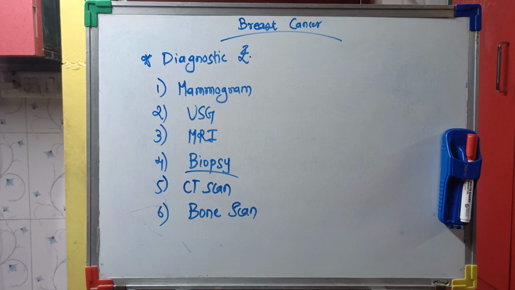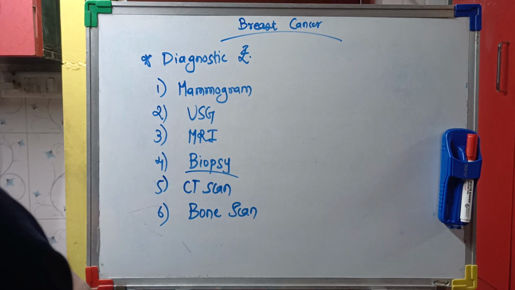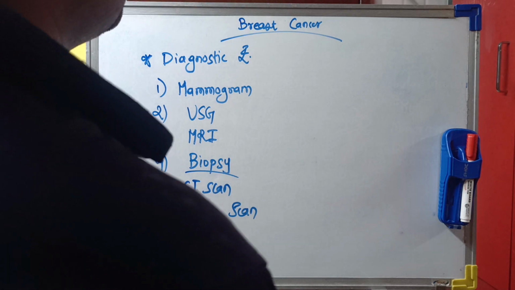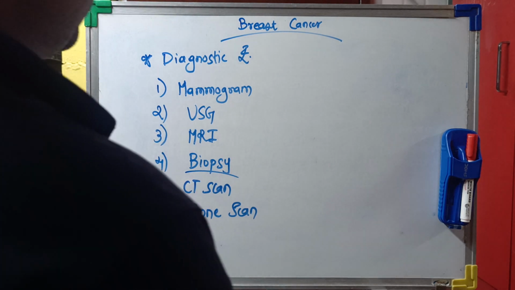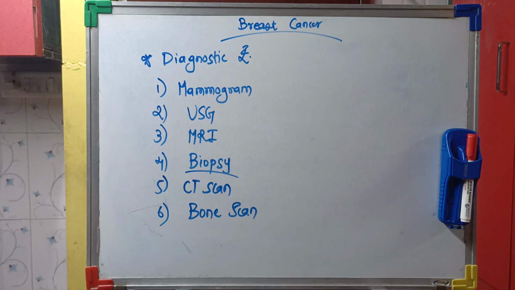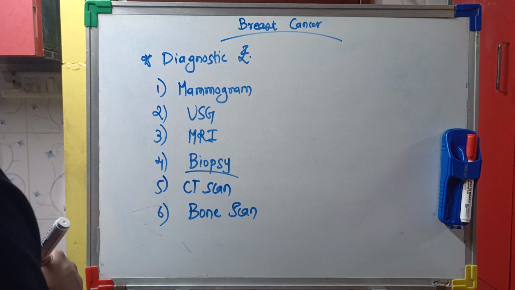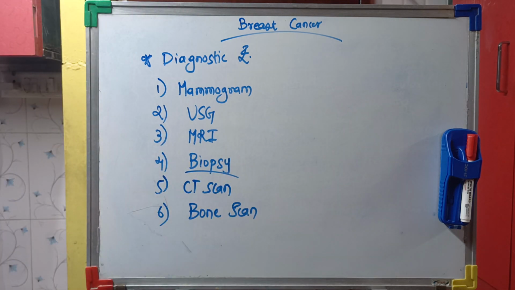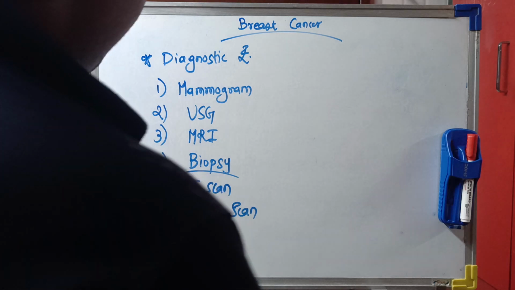Here now we will focus on the diagnostic evaluations of breast cancer. So the first one is the mammogram, an imaging test. USG, that is an ultrasound. The third one is the MRI test. Biopsy: in biopsy, a small part of the tumor or the breast is taken during the surgery and sent for the test outside.